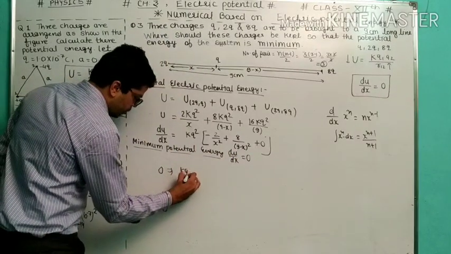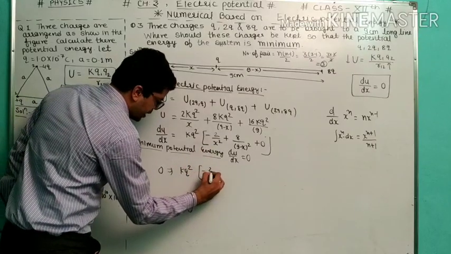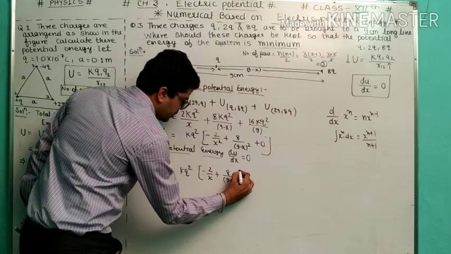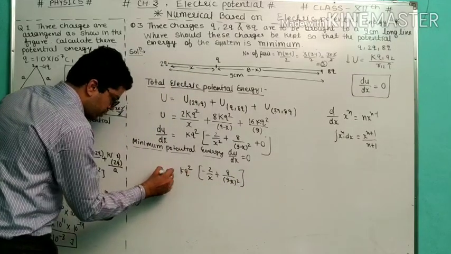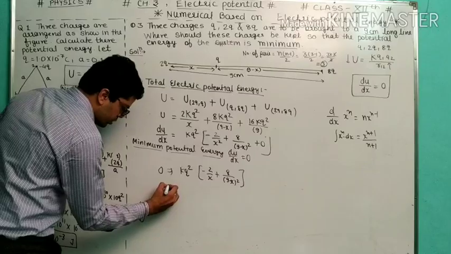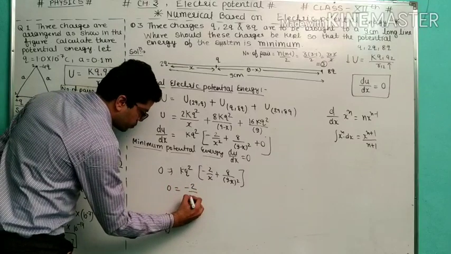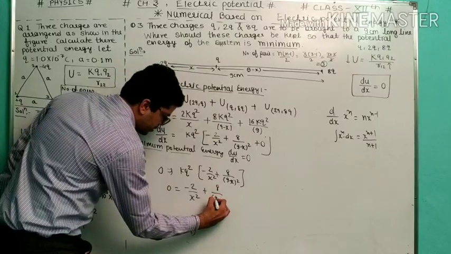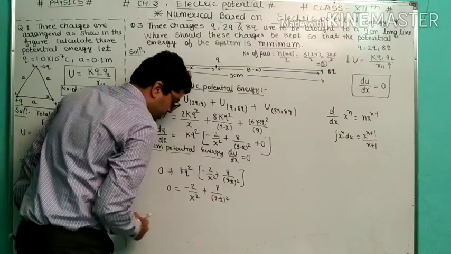So kq square, and the remaining is minus 2 by x square plus 8 divided by (9 minus x) square. 0 divided by something is equal to 0. So 0 equals minus 2 by x square plus 8 by (9 minus x) whole square.